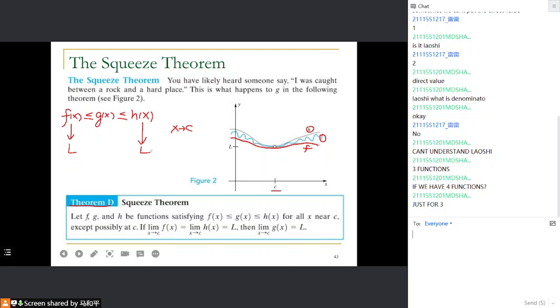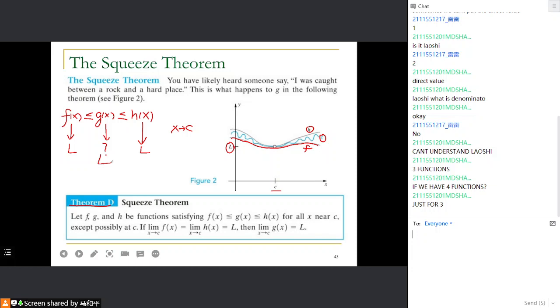L is here, and h is also near L. Because g is between them, you can guess g(x) is near which number? It's also near L.